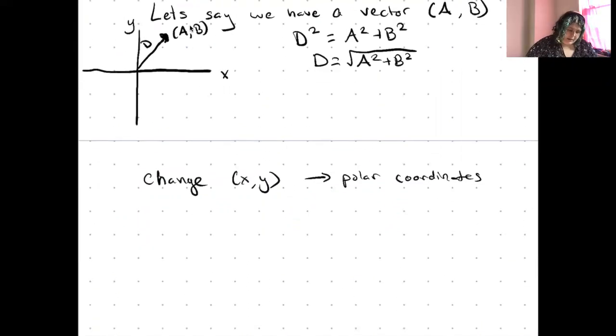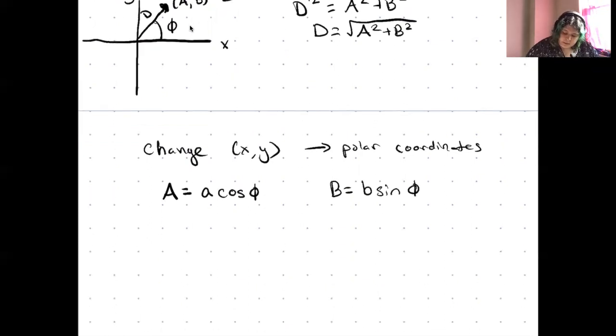The way that we can do that is we know that A can be rewritten as D cosine of some angle, where this is the angle that my vector is taking, and B can be rewritten as D sine of that angle.